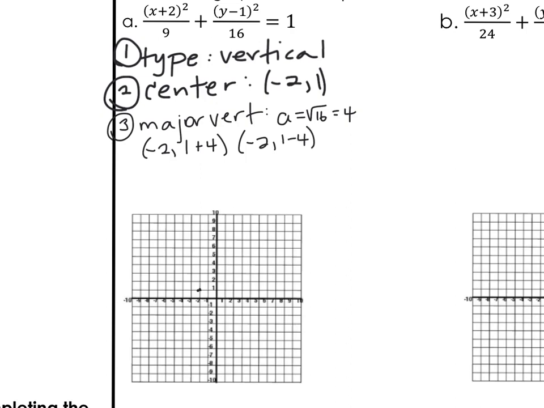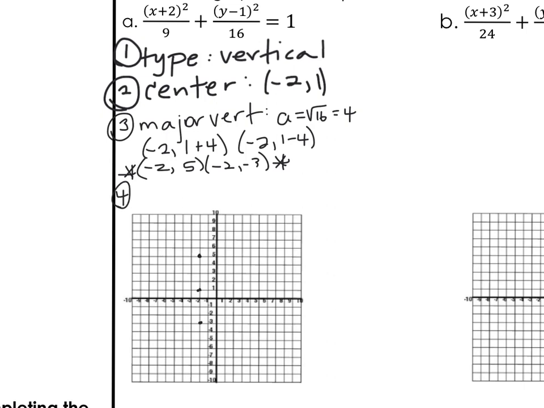That moves us up 4 to 5 at the top for that major vertex, and then from the center down 4 to -3. So those points would be -2, 5, and -2, -3. Just so that we know we're not going from 0, 0. So those are our two major vertices.